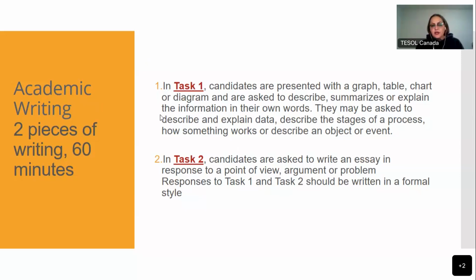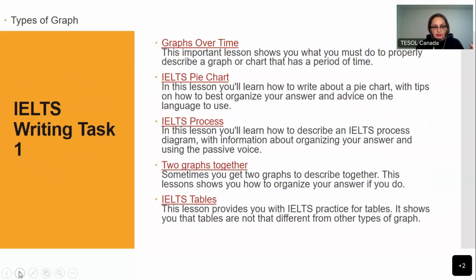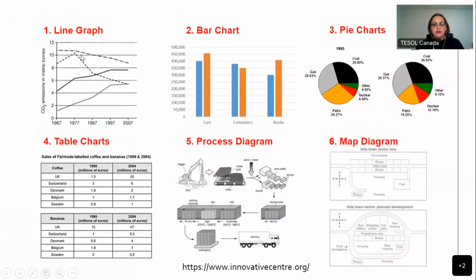So what about academic? In Task 1, there is a graph, table, or chart. Here I have it. You have line graph, bar chart, pie charts, table charts, process or map. One of these six, or maybe a mix of them, bar and pie.